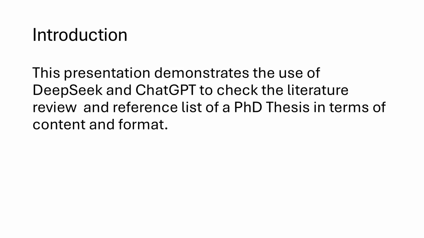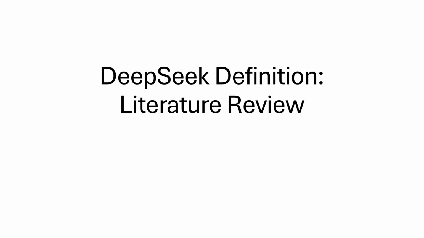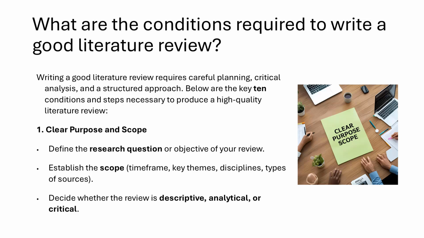I use DeepSeek to tell me what are the conditions required for a good literature review, as seen from the prompt here at the beginning of this slide. It then lists the 10 key conditions and steps necessary to produce a high-quality literature review.